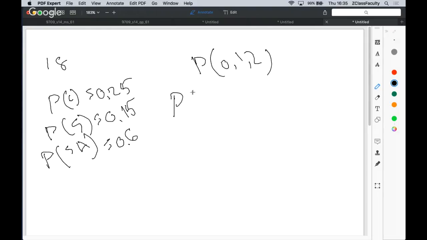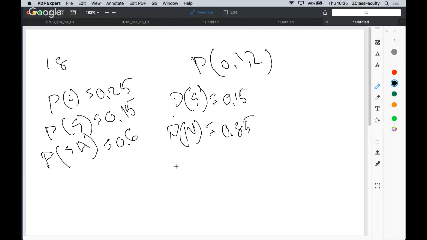The P of small is 0.15, but P of not is equal to 0.85. Although there seem to be 3 outcomes here, actually there are just 2 outcomes: you invest in a small company, or you do not invest in the small company.